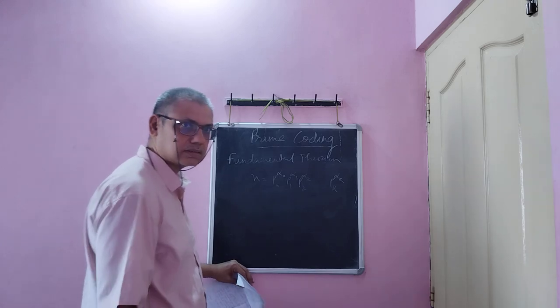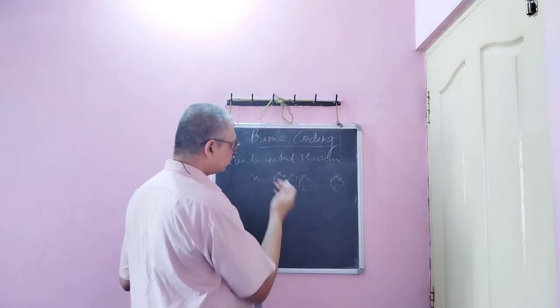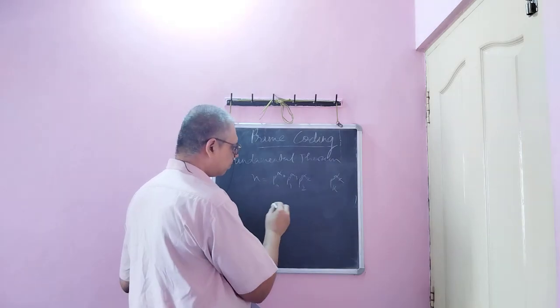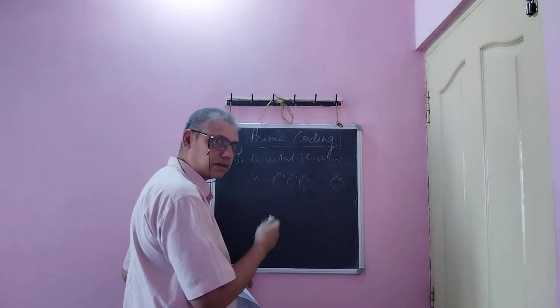The proof is by induction: assume that this fact is true for all numbers less than n. If n is prime in itself, then it is automatically true.